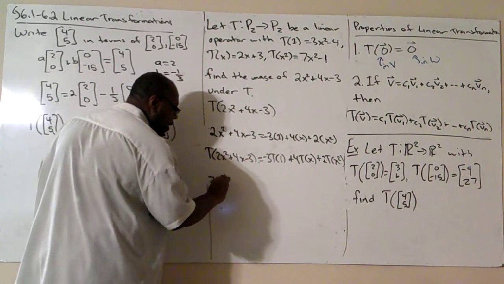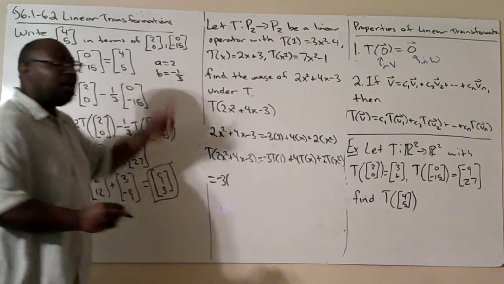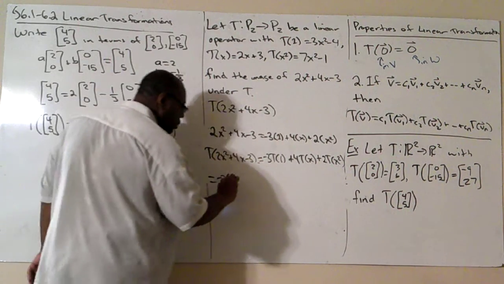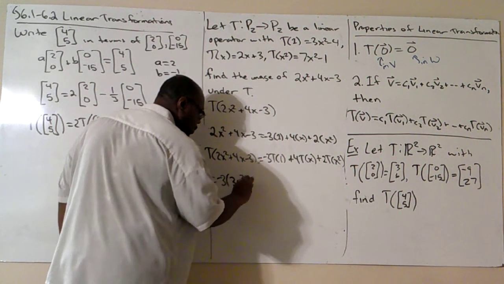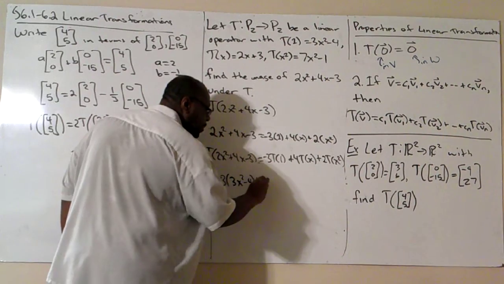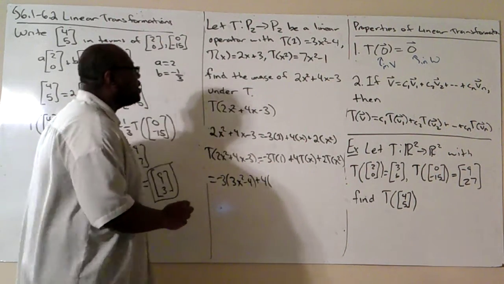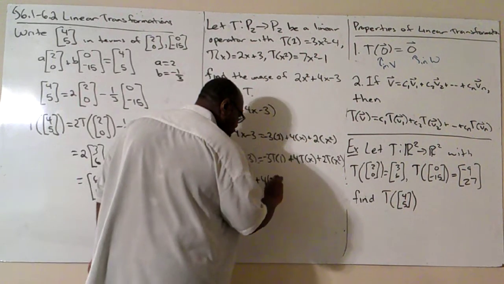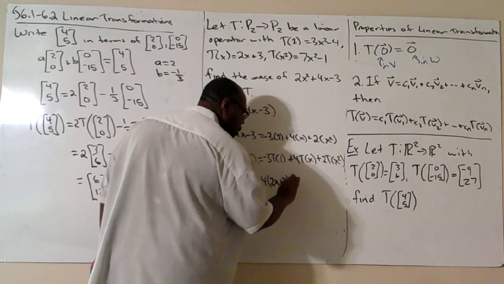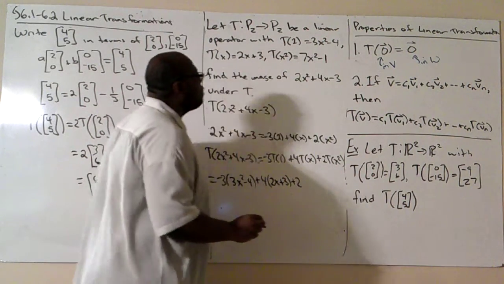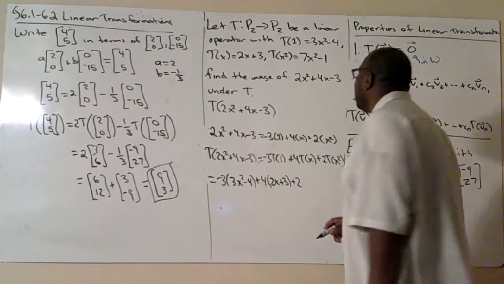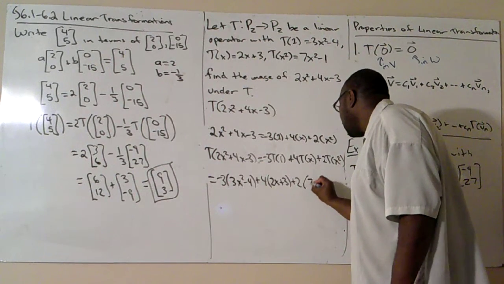So I get negative 3 times T of 1. T of 1 is 3x squared minus 4. Plus 4 times T of x. T of x is 2x plus 3. Plus 2 times T of x squared. T of x squared is 7x squared minus 1.